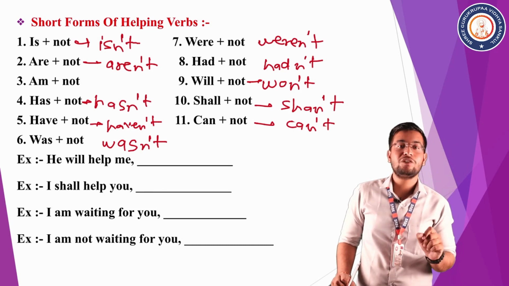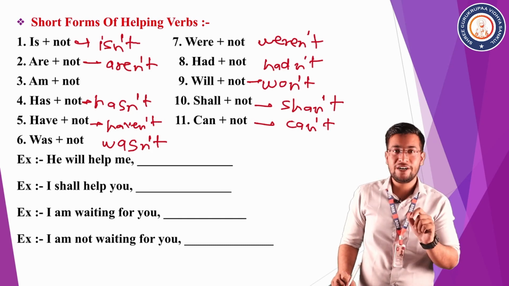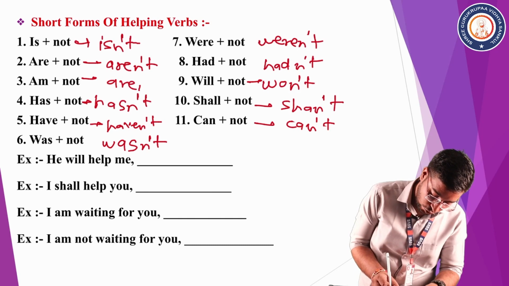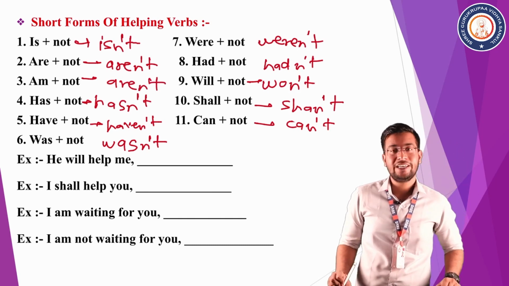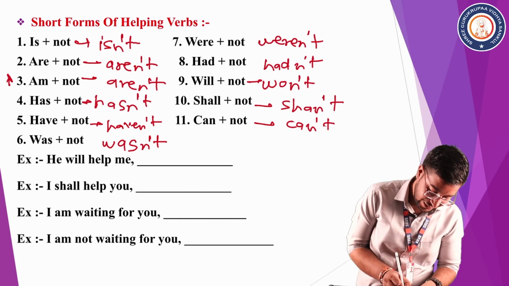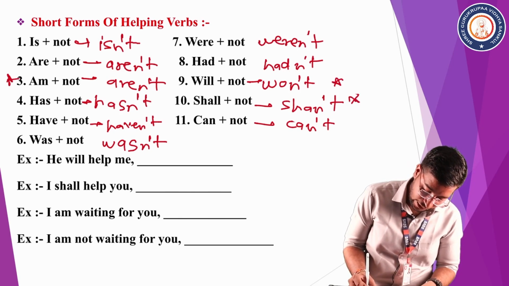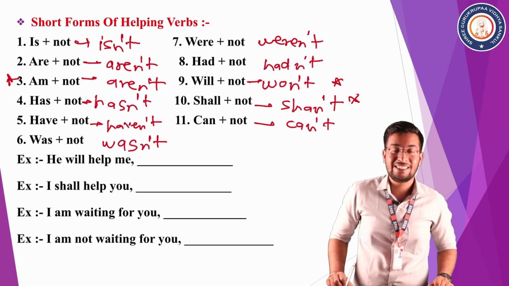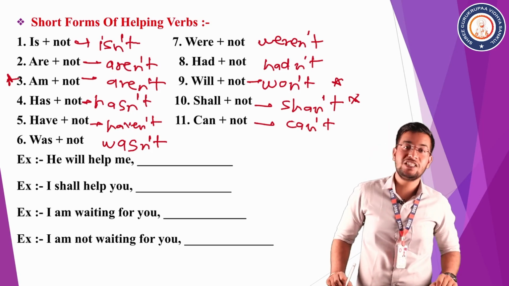Yes, students, it will be aren't, not amn't. You have to keep this thing in mind. So you have to remember these three things very carefully. Am plus not is aren't, will plus not is won't, and shall plus not is shan't. I think it is very much clear to you.